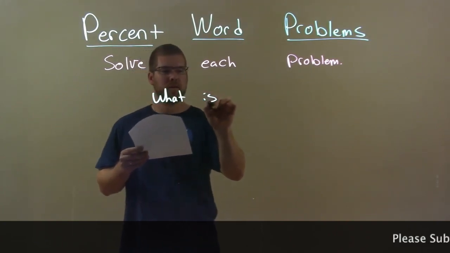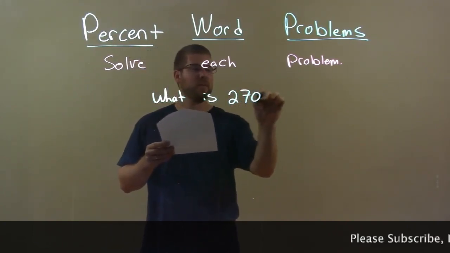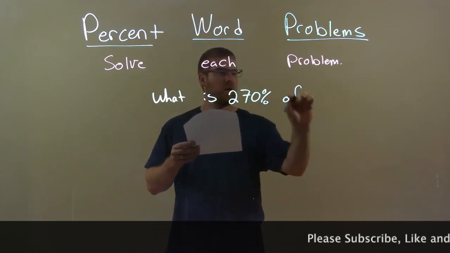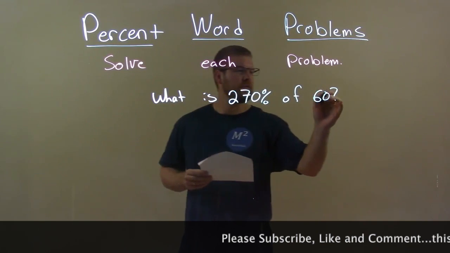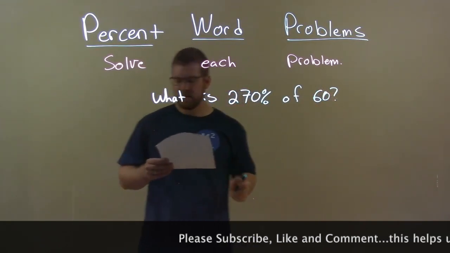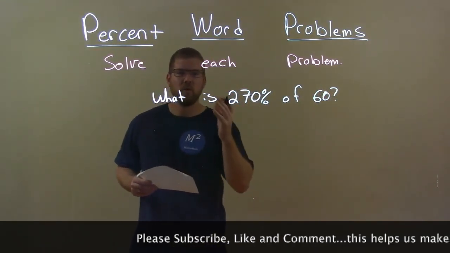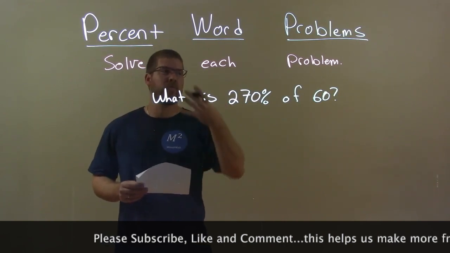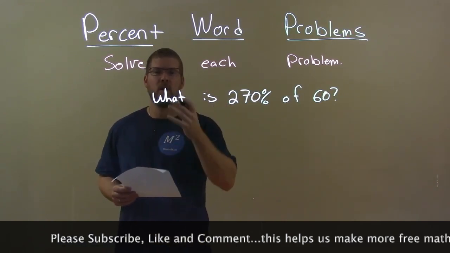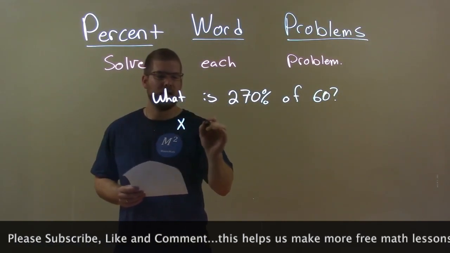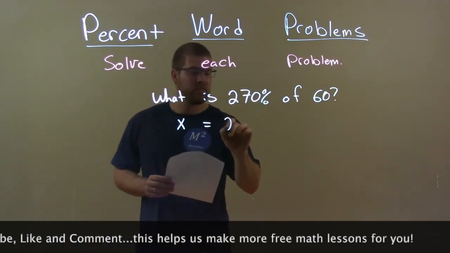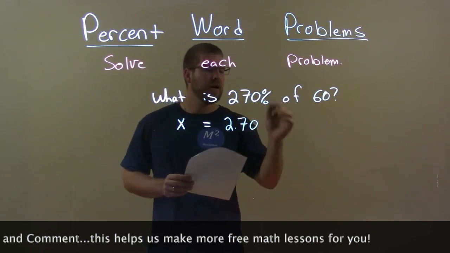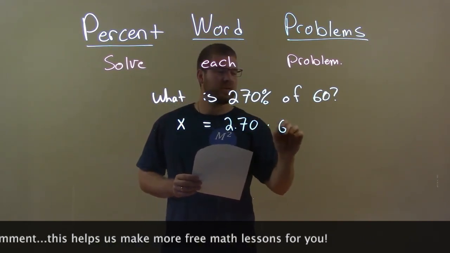What is 270% of 60? Okay. So what is 270% of 60? Well, let's write this as an equation. Convert the word problem to an equation. So what, our variable x, is equal to 270% as a decimal is 2.70, of multiplication, 60.